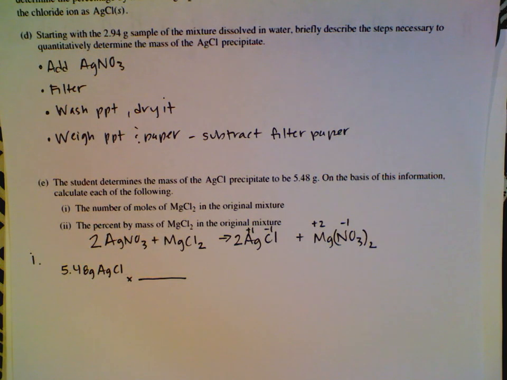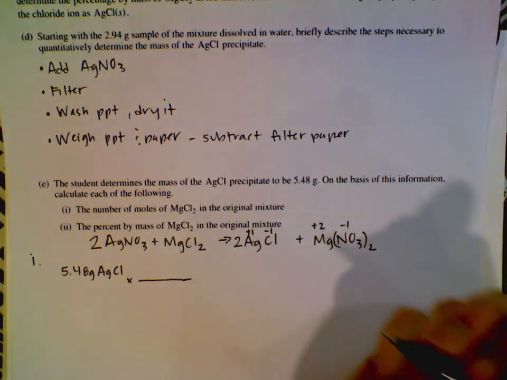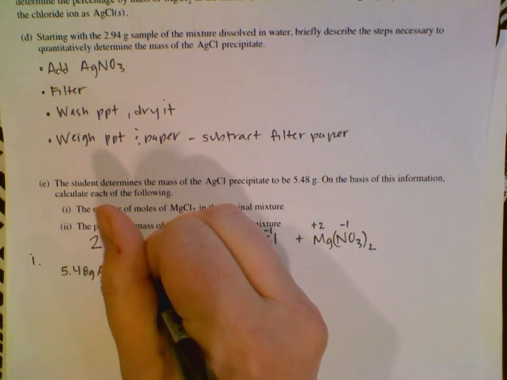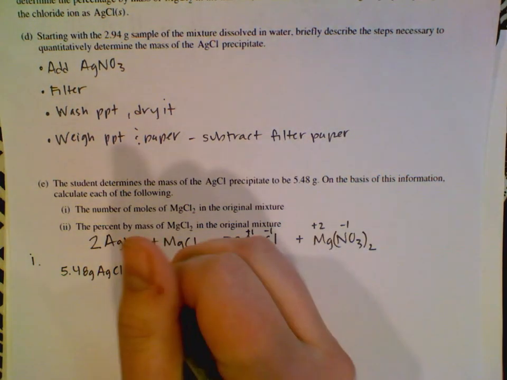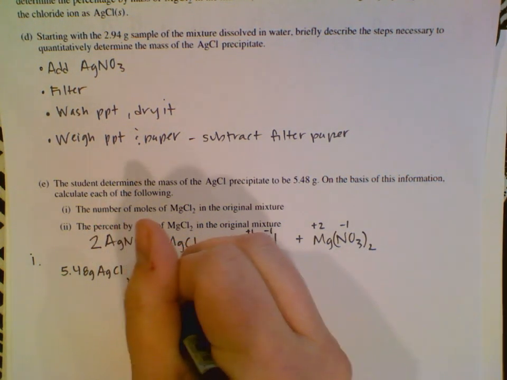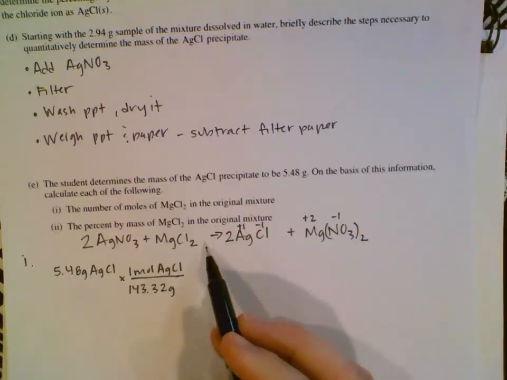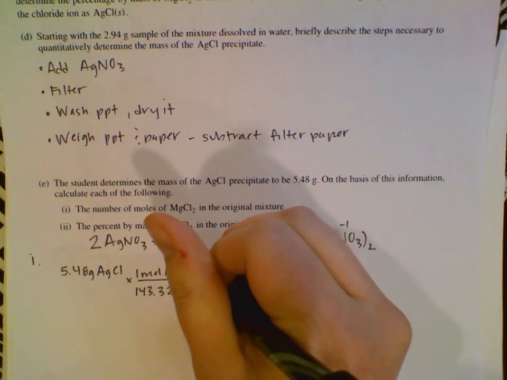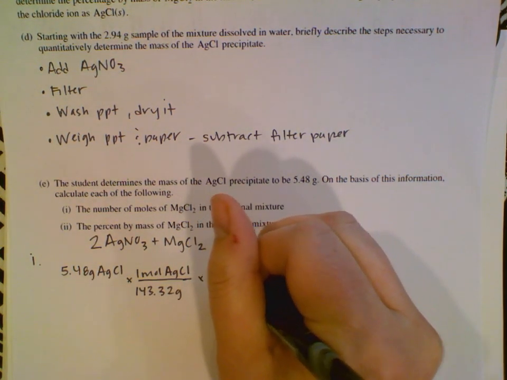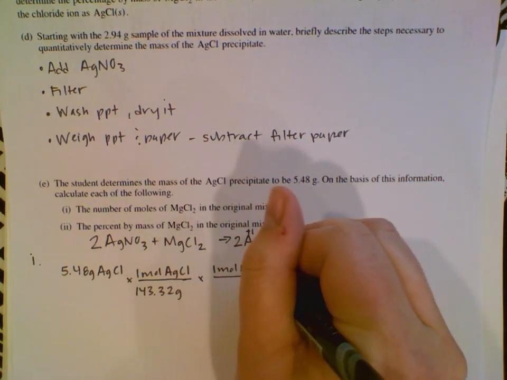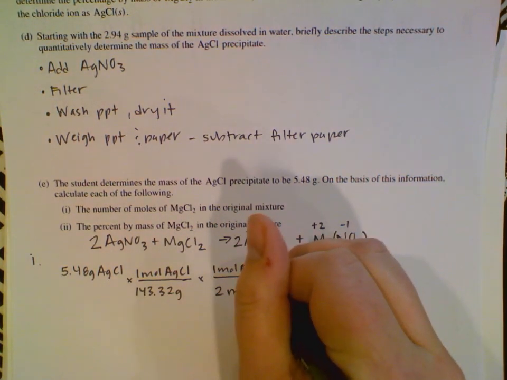So what I need to do is convert my grams of AgCl to moles. 1 mole of silver chloride weighs 143.32 grams. And then if I want to go to moles of MgCl2, for every 1 mole of MgCl2, I have 2 moles of AgNO3.